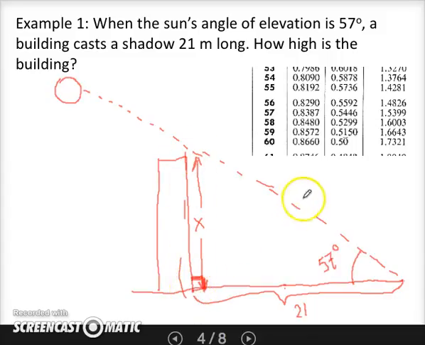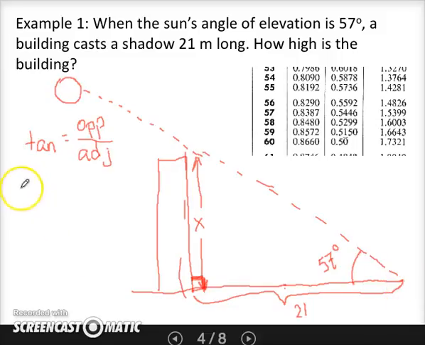We don't really care much about the hypotenuse in this triangle. So the best trig function to choose is tangent here, because the tangent is opposite leg over adjacent leg. The tangent kind of ignores the hypotenuse of this triangle, which is exactly what we want to do.